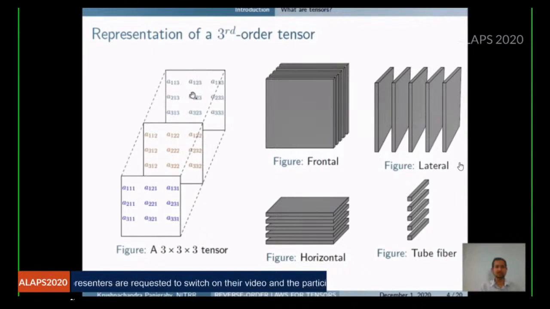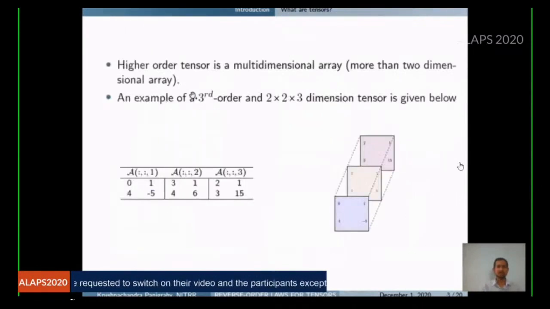This one also represents a frontal slice, and this one also. Let's see an example here. In this third order tensor, 0, 1, 4, 5 represents a frontal slice. Here 3, 1, 4, 6 is another frontal slice, and 2, 1, 3, 15 is also another frontal slice.